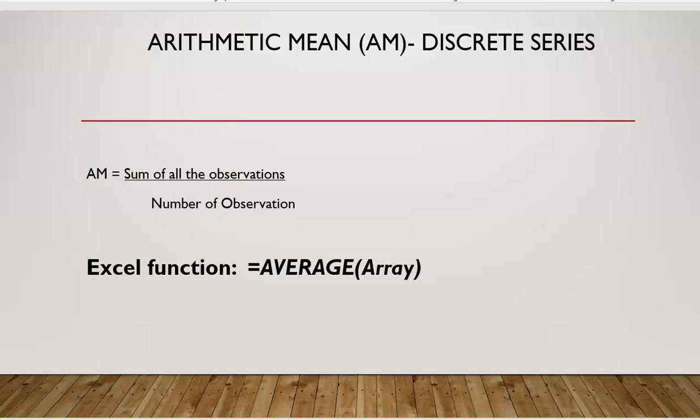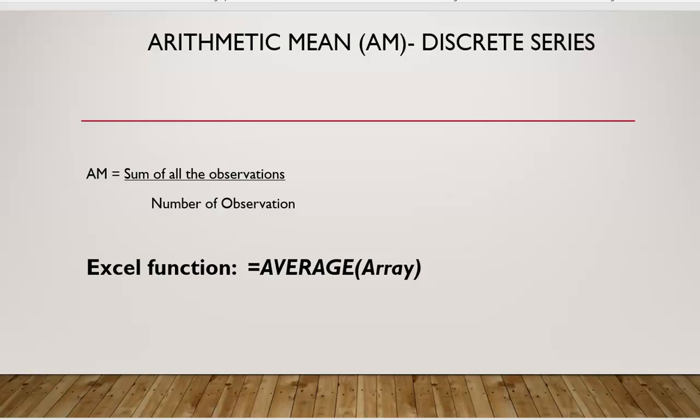Suppose there are 5 values with a mean of 25, and I add 3 to each of the 5 observations; the new mean will be 28. Similarly, if I decrease each by 3, the new mean will also decrease by 3. That is called dependence on change of origin.